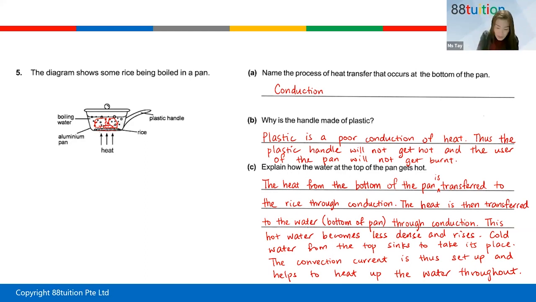So this current is set up in this manner because the heat is more centralized to the center. But if let's say the heat is right at the corner here, then of course the current will be different. You get what I mean? If I put the heat here, I erase this part. I show you what I mean. If my heat is just here, only the water here gets heated up, and then it rises.